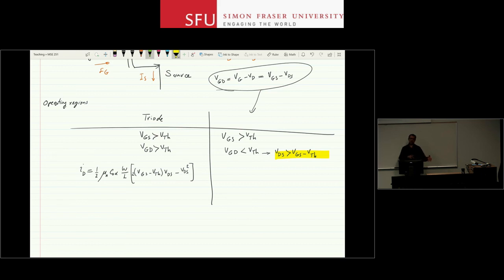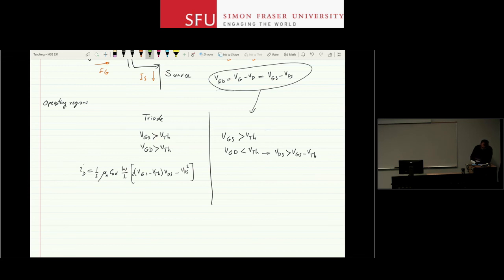You want to see if the transistor is in the proper region of operation by looking at the output voltage instead of the gate and drain voltages. Now, going back, these two are equivalent, VGD less than VTH or VDS larger than VGS minus VTH.